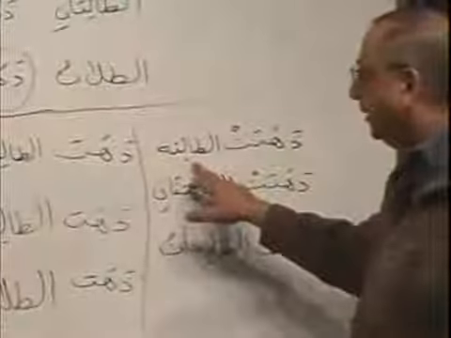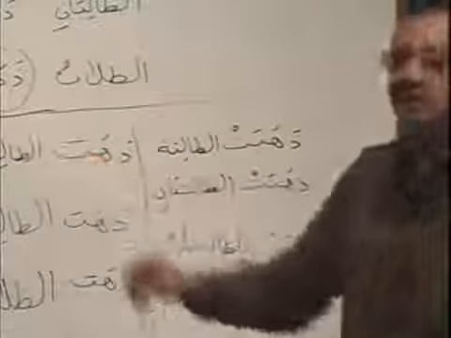And then, afterwards, when you continue, then you will use the proper form referring to the fa'il before. See? Zahabat talibatu. So it's singular. So you say jalasat. You will say jalasat. Okay?